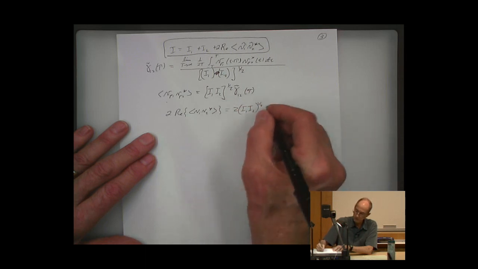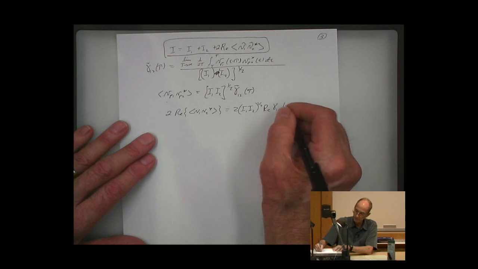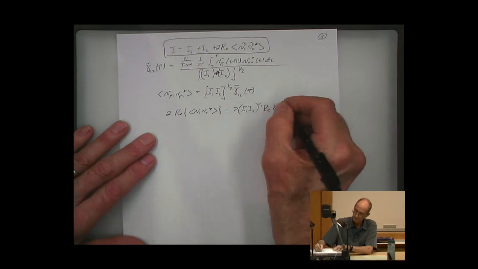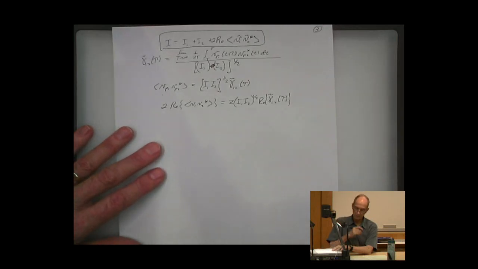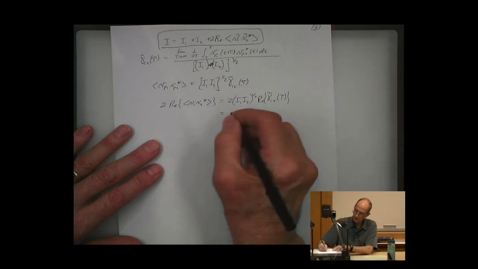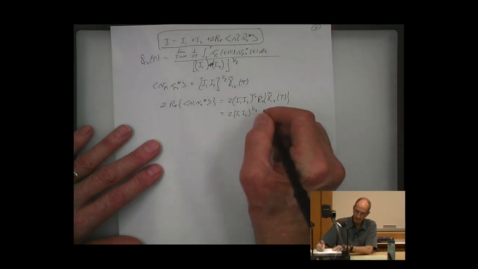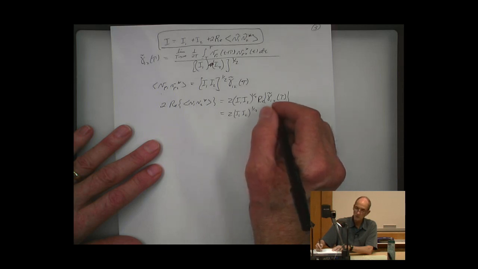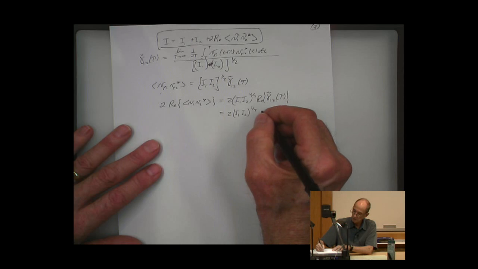That's already real. And then we have the real part of gamma 1,2 of tau. So if we have a real number, we can also say this is 2 I1, I2 to the 1/2 times a magnitude and a phase with a specific real value. So we can write that as gamma 1,2.